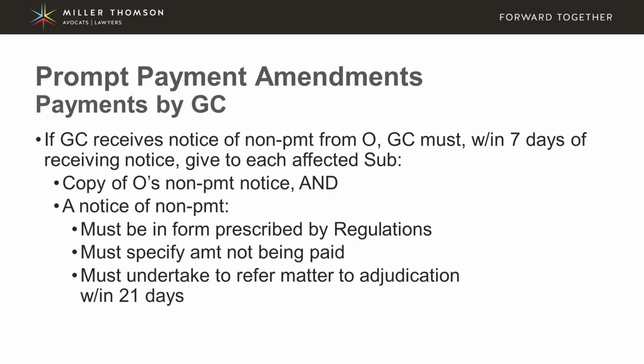Now, if a GC receives this notice of non-payment from an owner, the GC or general contractor must, within 7 days of receiving that notice, then give to each of its affected subs or suppliers. And I say affected subs or suppliers for a reason that I'll get back to in a moment. They must give each of these suppliers and subcontractors a copy of the owner's notice of non-payment, and they must also prepare their own notice of non-payment, again, which must be in a form prescribed by the regulations.